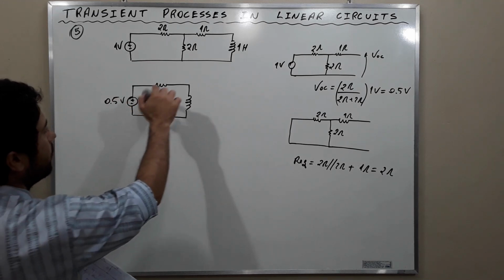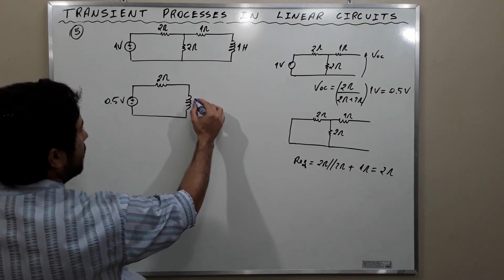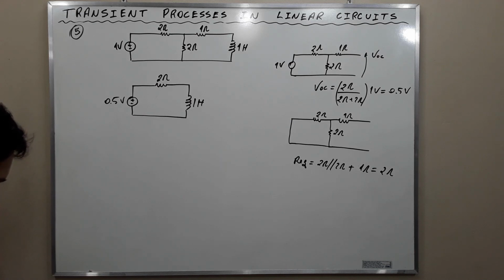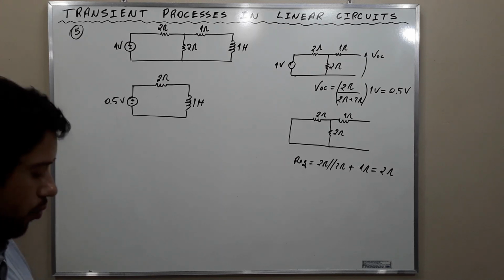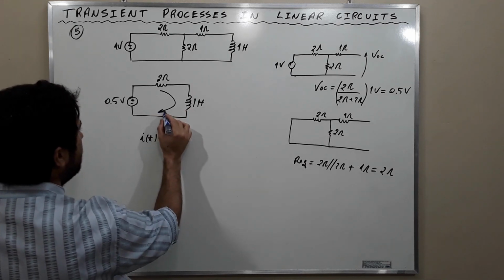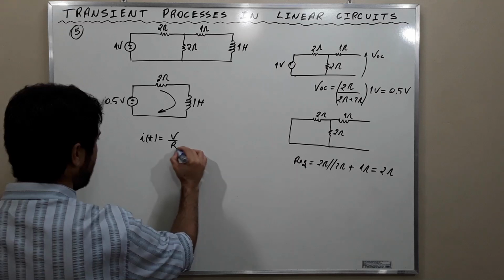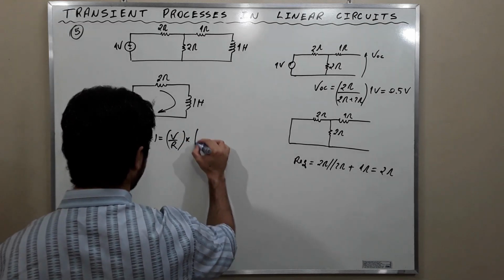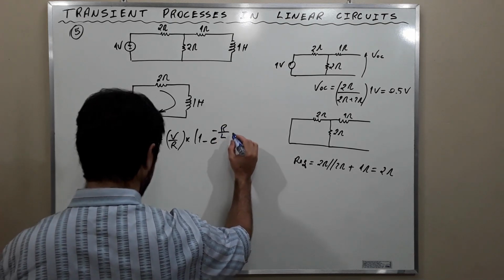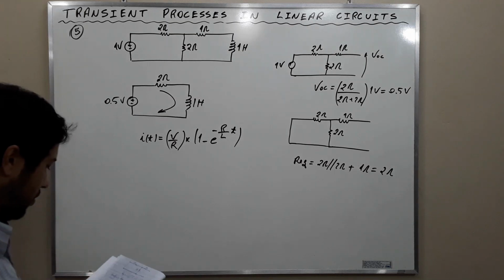And here the equivalent resistance, and here the inductance. From exercise number 1, we know that I of t, this current here, is equal to V over R times 1 minus e raised to the power of negative R over L times t.